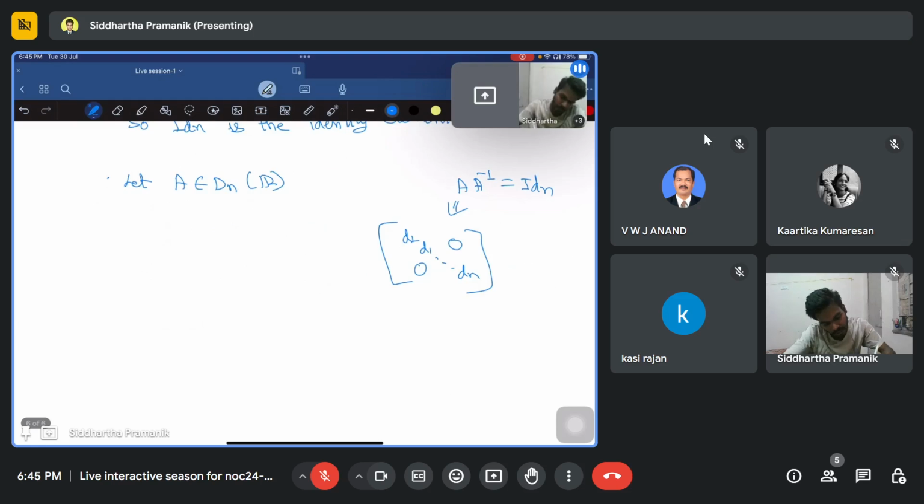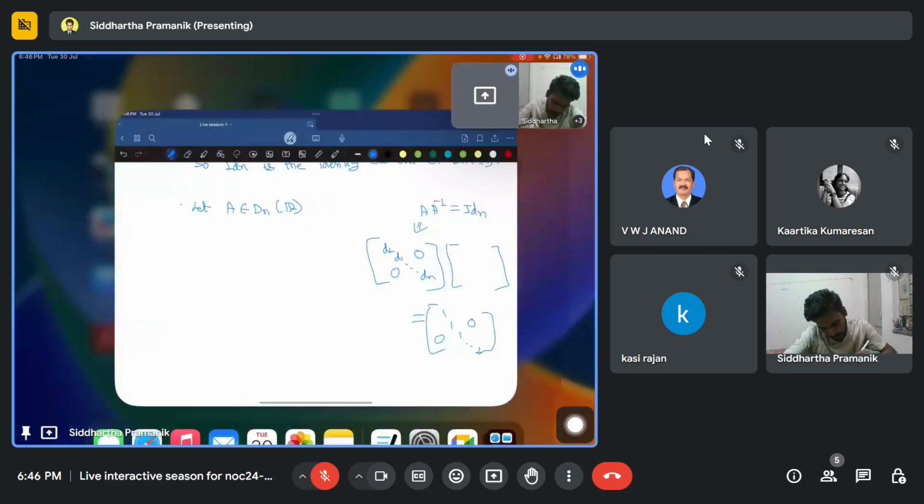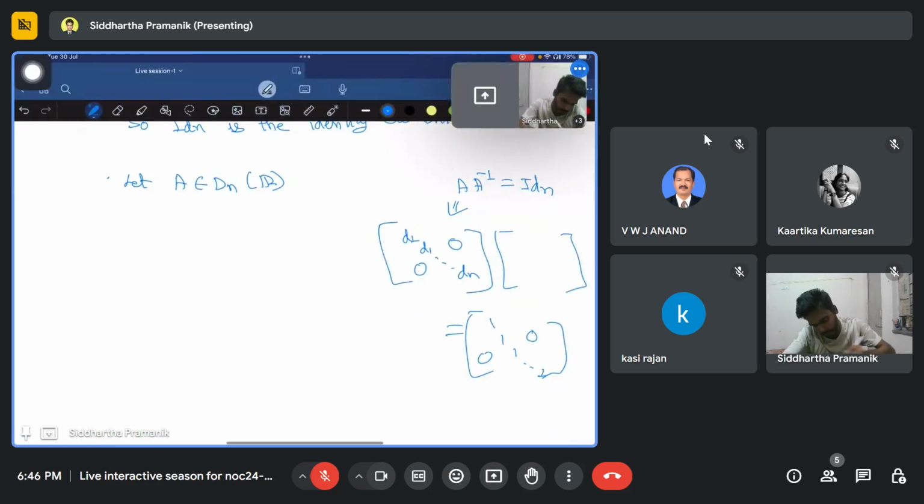So what should be the matrix here, so that after multiplying with it, we will get the identity matrix? One natural guess is we should take reciprocals of the d_i's: 1 by d1, 1 by d2, up to 1 by dn.